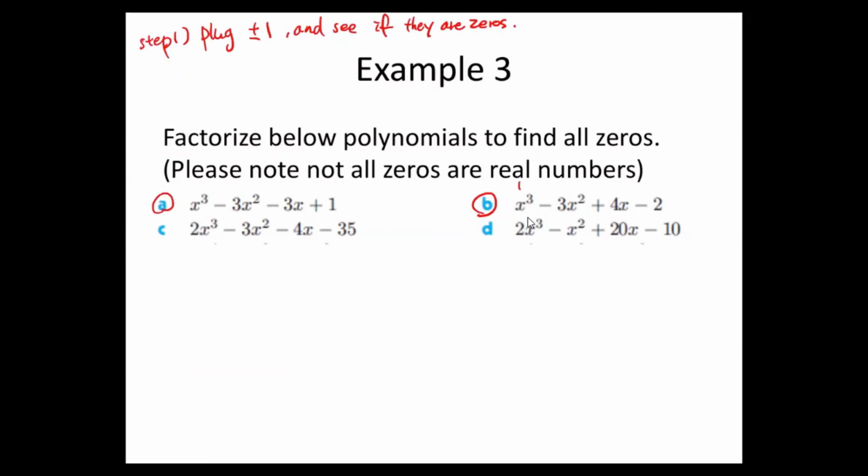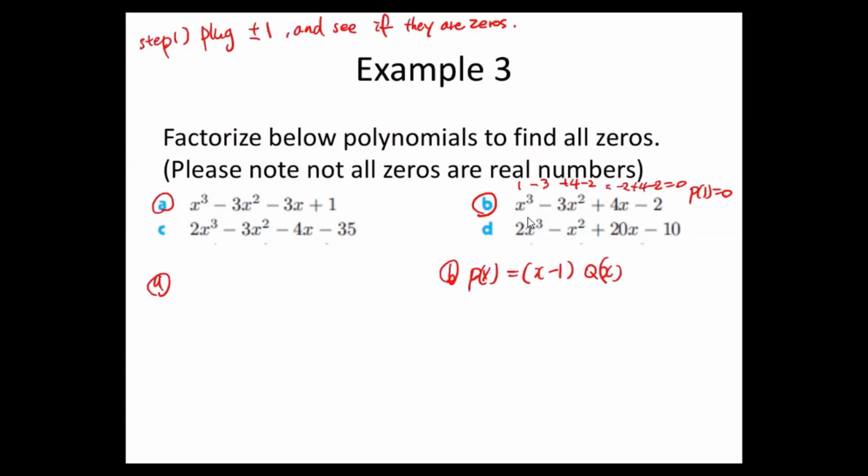For B, 1 minus 3 plus 4 minus 2. What do you have? 1 minus 3 is negative 2, plus 4 minus 2, 0, isn't it? So B is going to look like that. Because P(1) is 0, you can say P(x) is x minus 1 times some kind of quotient. So it's really fast to figure out. You don't even need to use a calculator.